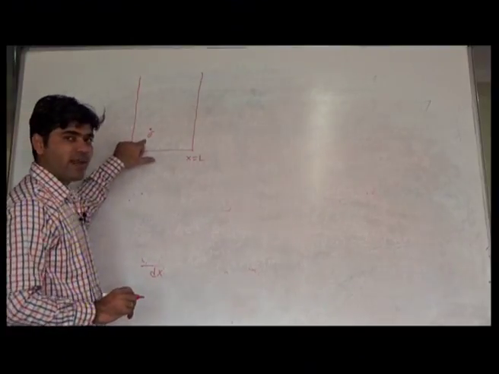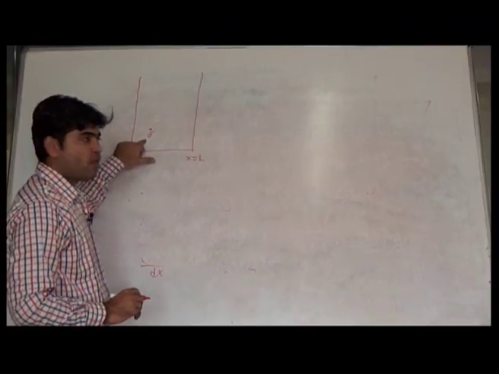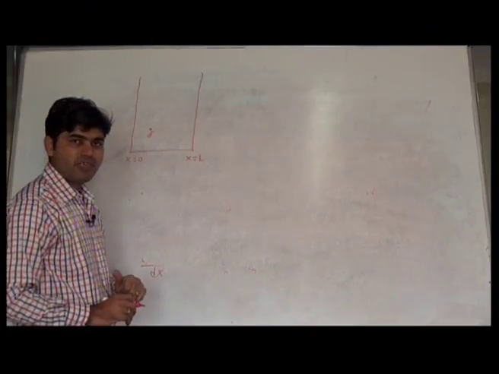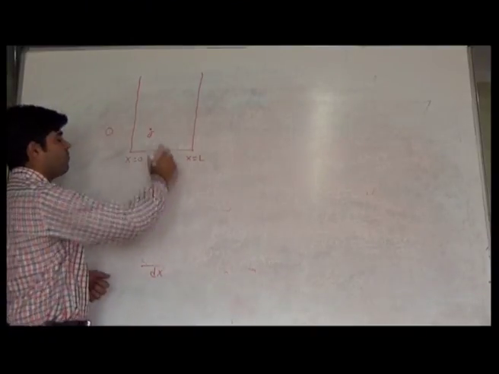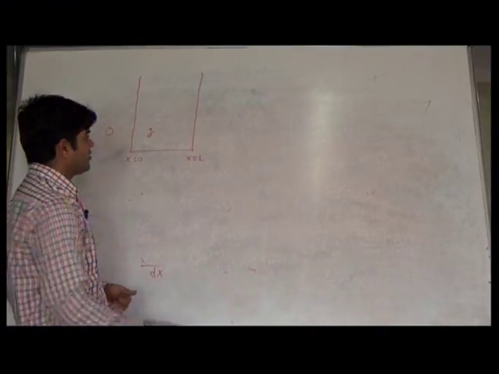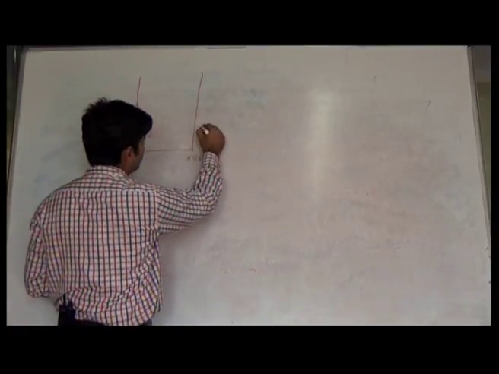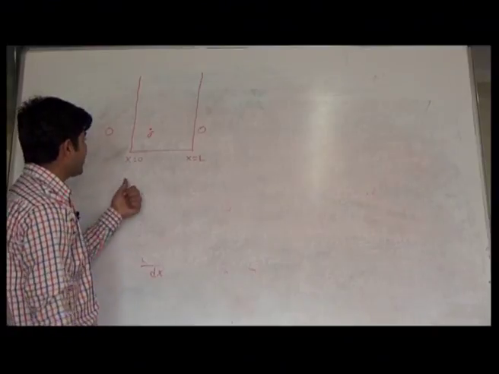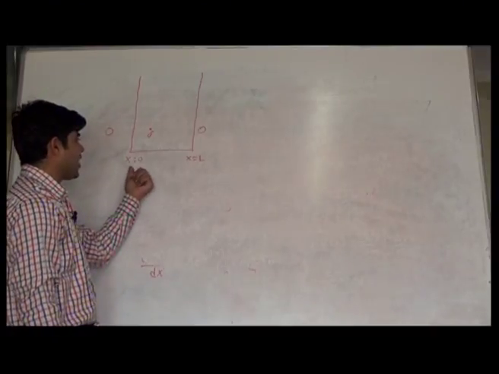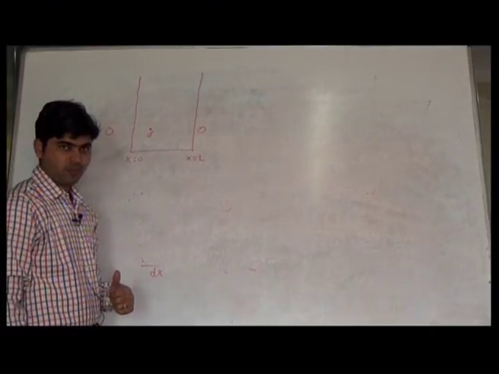So, the electron is trapped inside the well, the height is infinite, which means the existence of this electron outside the well is equal to 0. Existence of this electron outside the well on this side is also 0, which means the electron can move only between x = 0 to x = L.